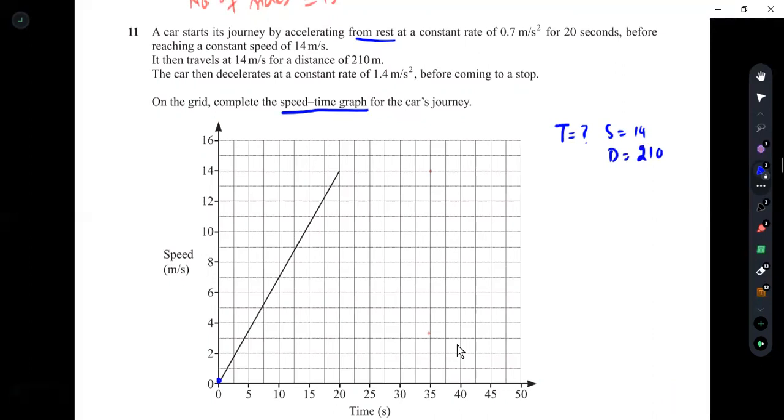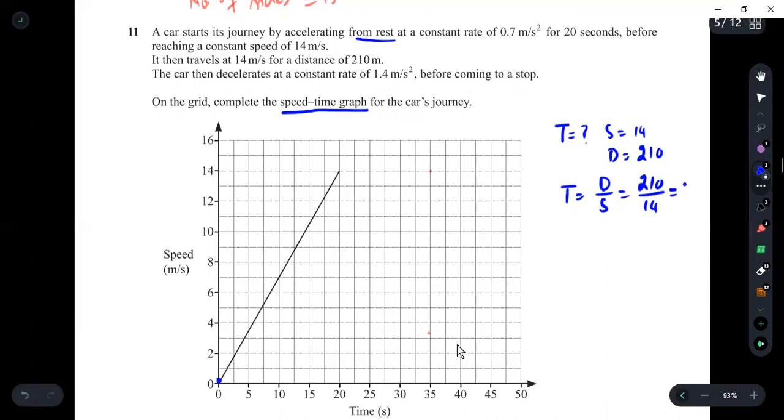The formula for speed, distance, time is time equals distance divided by speed. So distance is 210 meters, and the speed is 14 meters per second. Dividing this, we get 15.